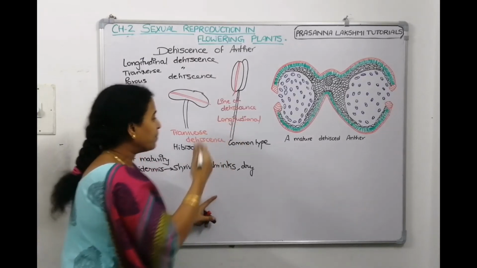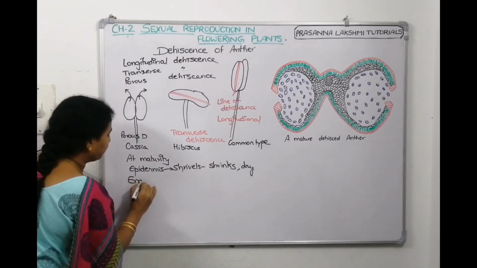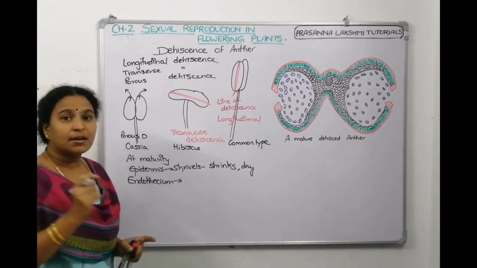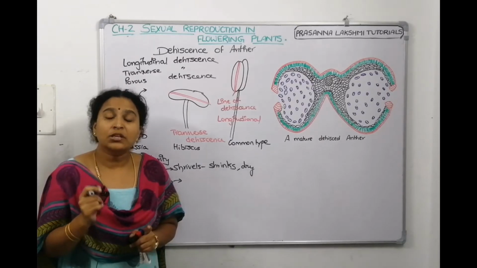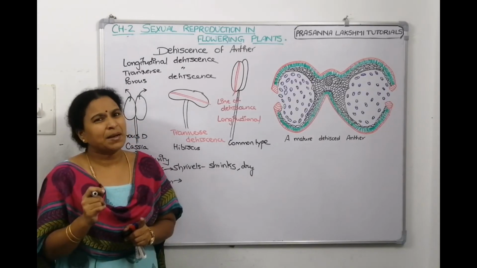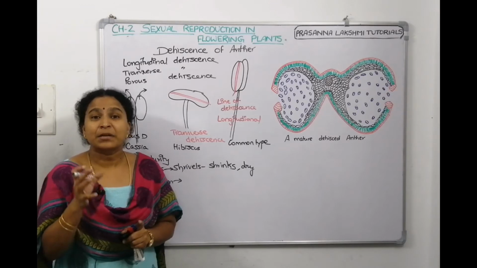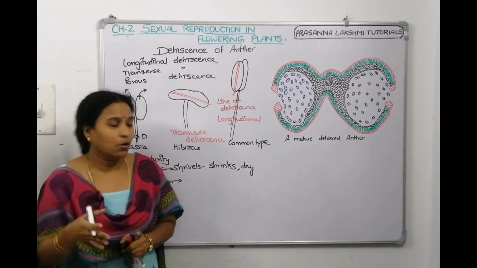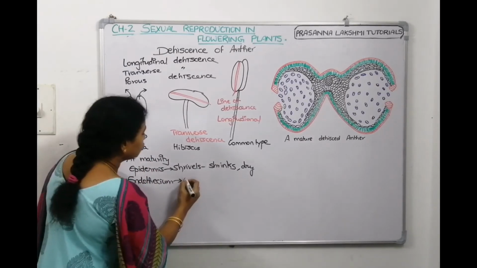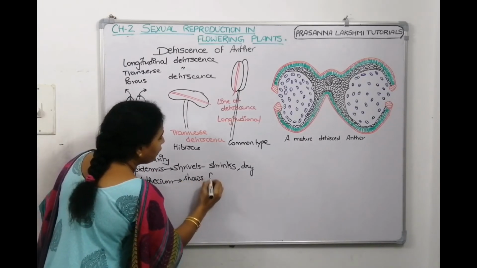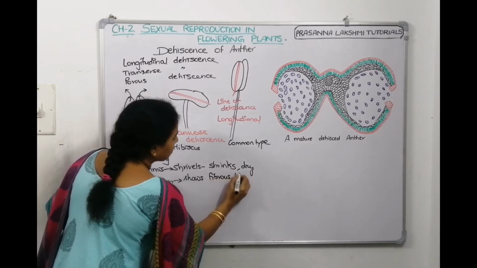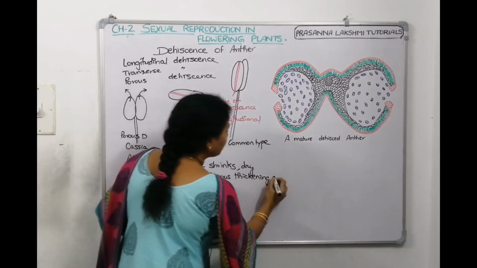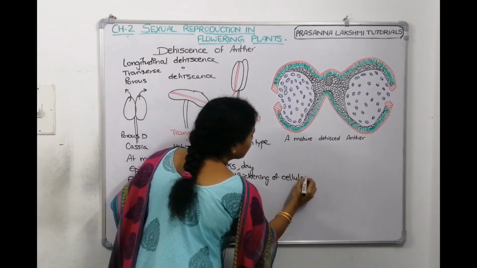Next, what happens to the endothecium? As we know, endothecium cells are hygroscopic. At maturity, they become fibrous. Cellulose fibrous thickenings get deposited on the radial walls and on the inner walls. Where is that cellulose getting deposited, children?